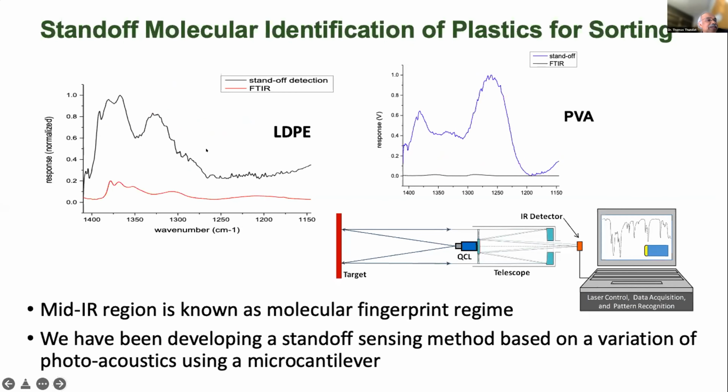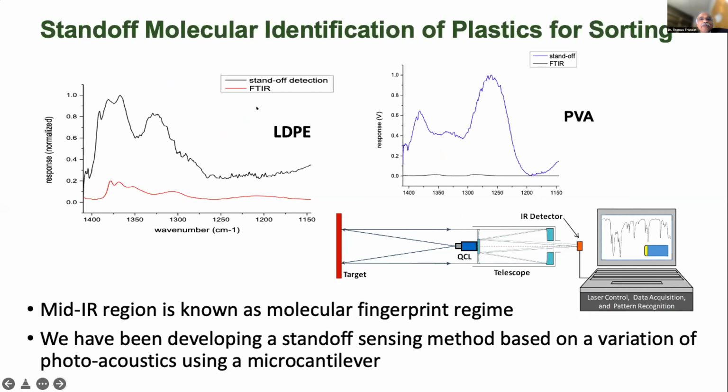So another idea that we can do is also standoff spectroscopy. For example, you can have a quantum cascade laser shining at the surface, look at the scattered light, collect the light, and then expose it to a bimetallic cantilever, where the cantilever is acting like a mechanical detector in our case.